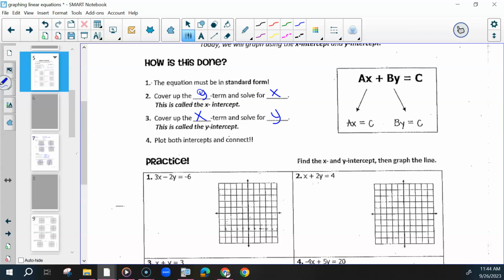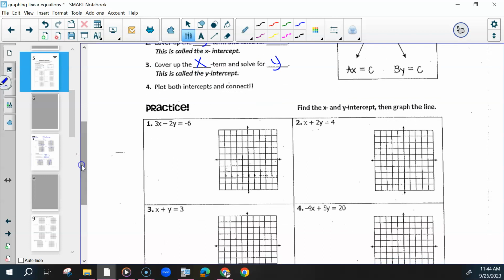I would solve this for y and I would get my y-intercept. Same thing here, if I covered up my y term, I have ax equals c, and then I would solve for x, and I would get my x-intercept. So let's practice that. When we do intercepts, we're going to go into that a little bit more in depth, but for now, this is fine.